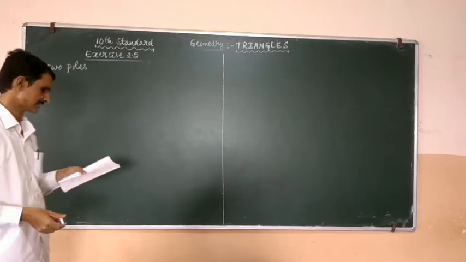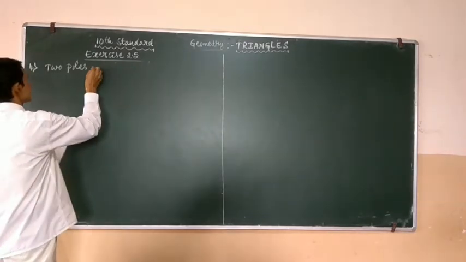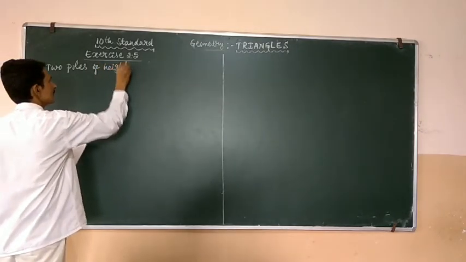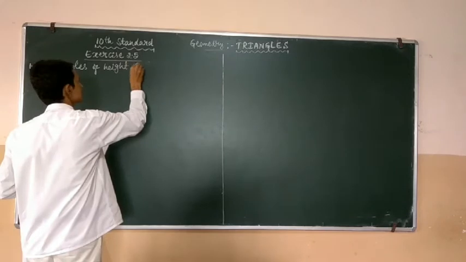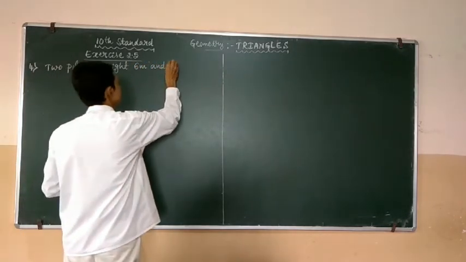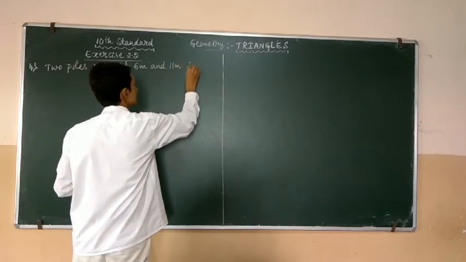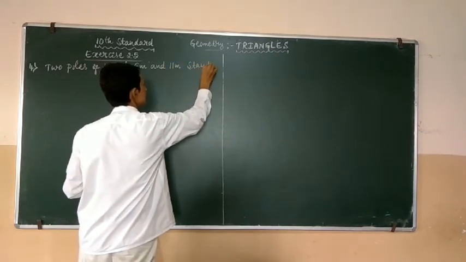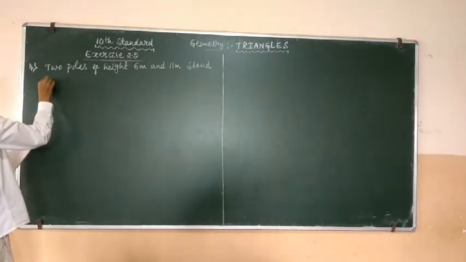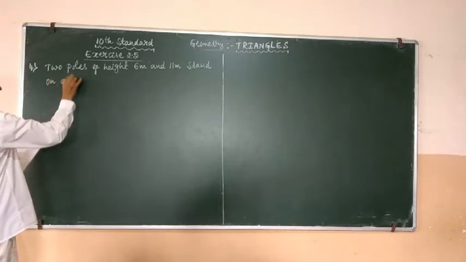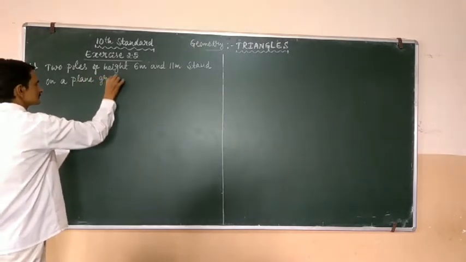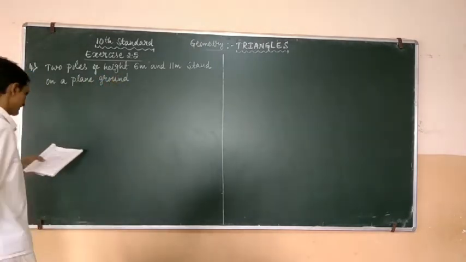Now, students, we will see the next problem. Two poles of height 6 meter and 11 meter stand on a plain ground.